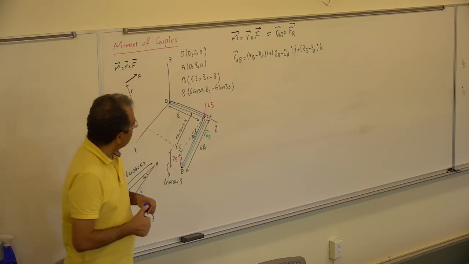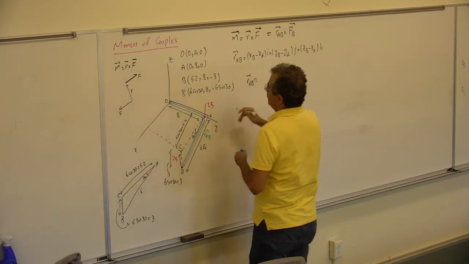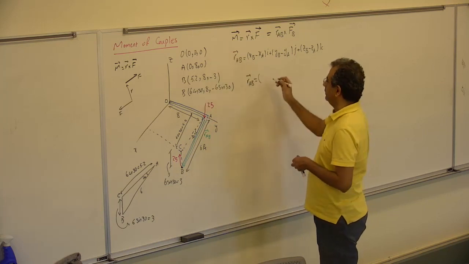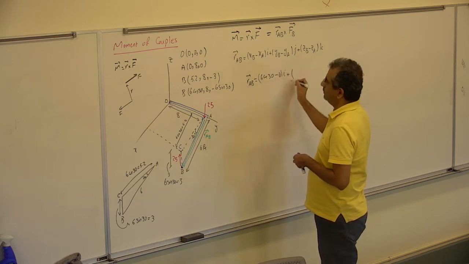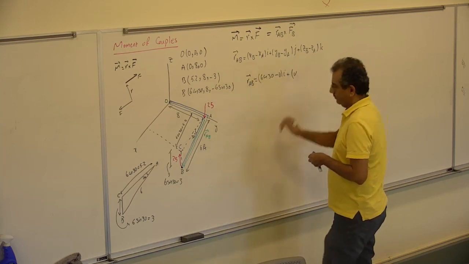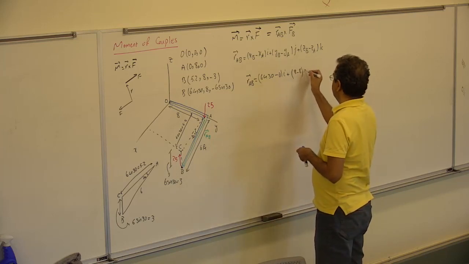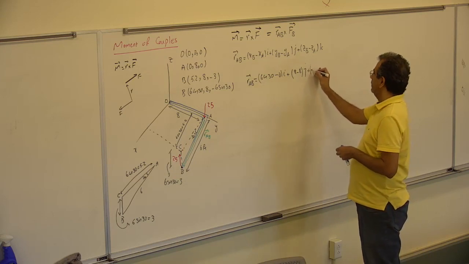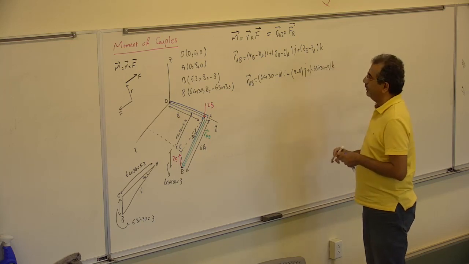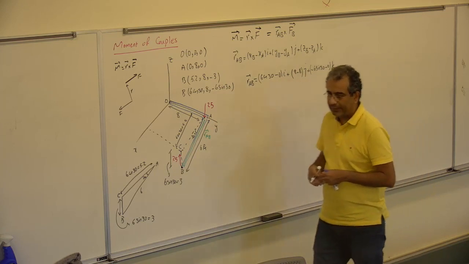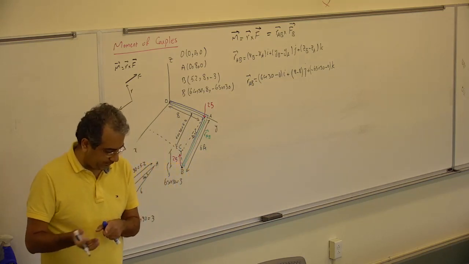Anyway, if I put it there, it's the R, A, B. So B minus R, I'm just going to follow this, so it's 6 cosine 30 minus 0 i plus 8 minus 8 j plus minus 6 sine 30 minus 0 j. So that's it. That's the R.